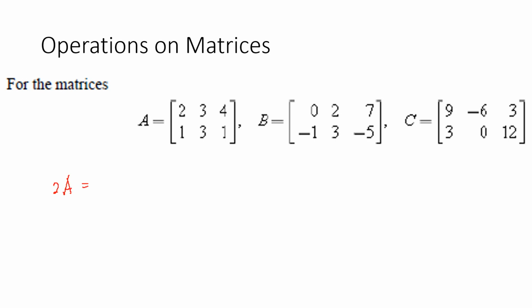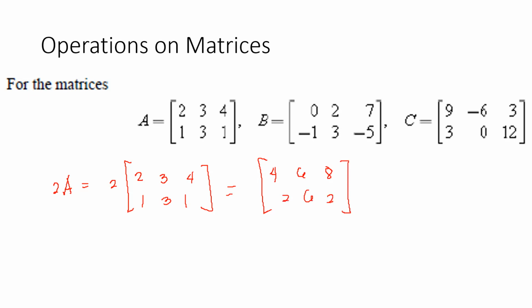Then that would be 2 times 2, 3, 4, 1, 3, 1. That would be equal to 4, 6, 8, 2, 6, 2.